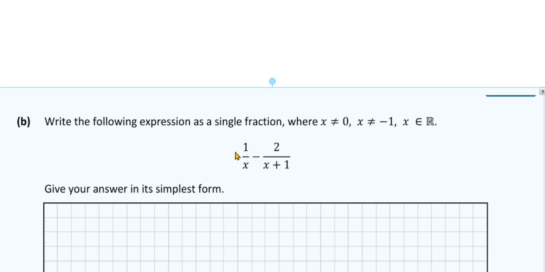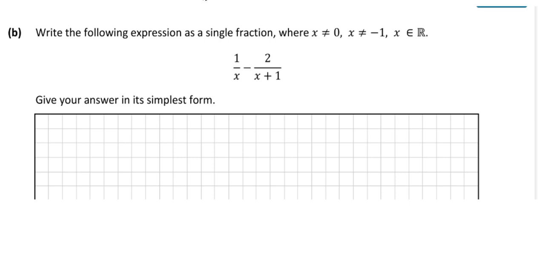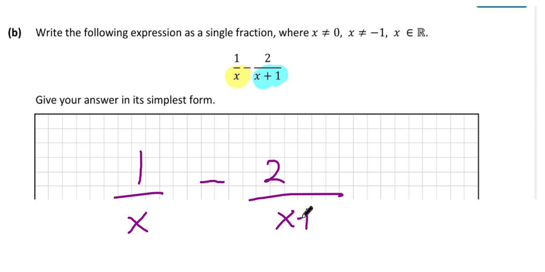They want the same thing. So what I said to you guys is that the denominators, okay, the x and the x plus 1, they look across at each other and they want what the other one has. Okay, so my kids are like that. They always want what the other one has. So it's 1 over x, then it's minus 2, and it's x plus 1 here.